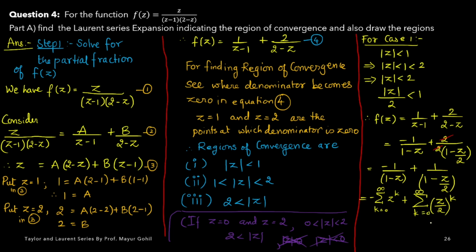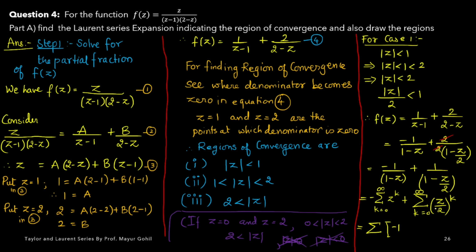This is the answer. Now we can take terms common because this minus sign is there and k is going from 0 to infinity, and z to the power k, both places they are in the numerator and all are going to have positive power, so simplification is possible over here. So I'll write the summation, here we will have minus 1, because this minus sign will go inside, right?